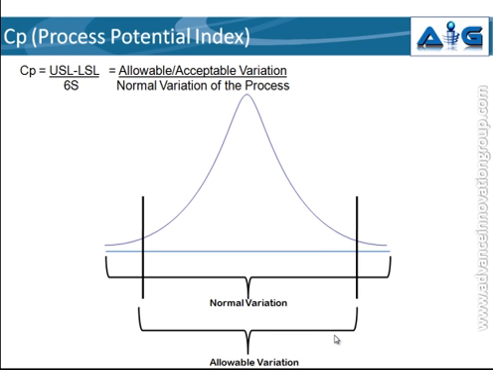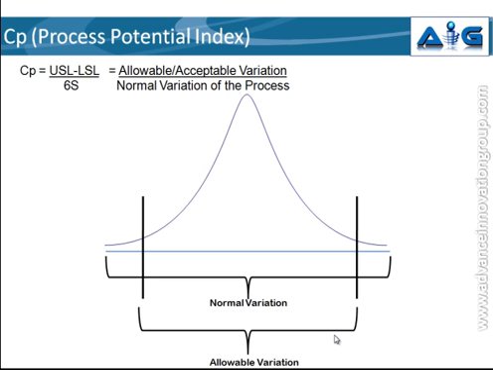In statistical process control, we say that 6 standard deviation represents the normal variation of a process. So 6 standard deviation means normal variation, or normal behavior, or normal spread of a process. So should I call CP the ratio of allowable variation and normal variation?